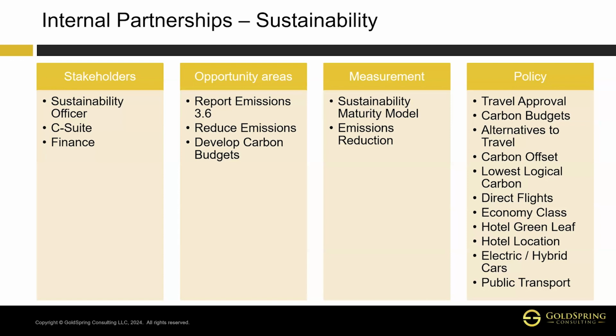Promoting economy class versus business class because it takes less space on the plane. Promoting the use of environmentally friendly hotels. Perhaps even specifying the hotel location to minimize ground transportation while you're on a trip, right? Promoting the use of electric or hybrid cars, promoting the use of public transportation, right? Those are the kind of things that we would expect to see incorporated into the policy with a little more focus if sustainability is a key driver for you, right?